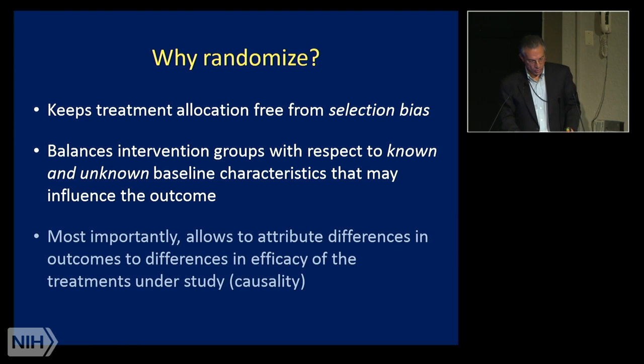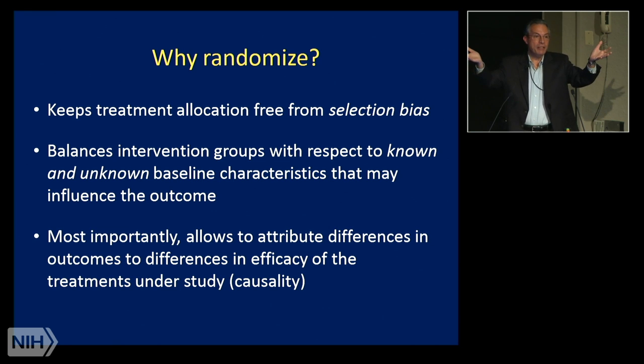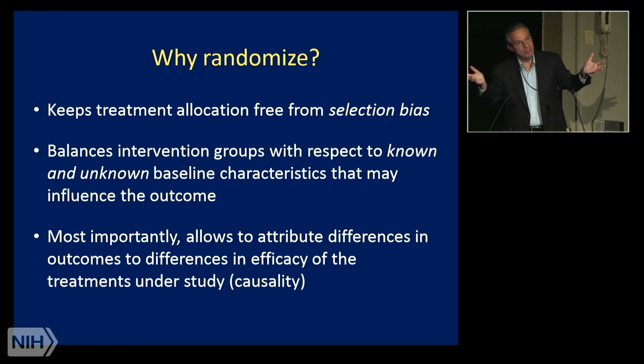So why is this so important? Well, it's so important because now we can attribute differences in outcomes to differences in efficacy of the treatments under study. In other words, now we can claim causality if there is a difference. Why? Because these 2 groups were equal, well, not the same, were equal in terms of all these characteristics.